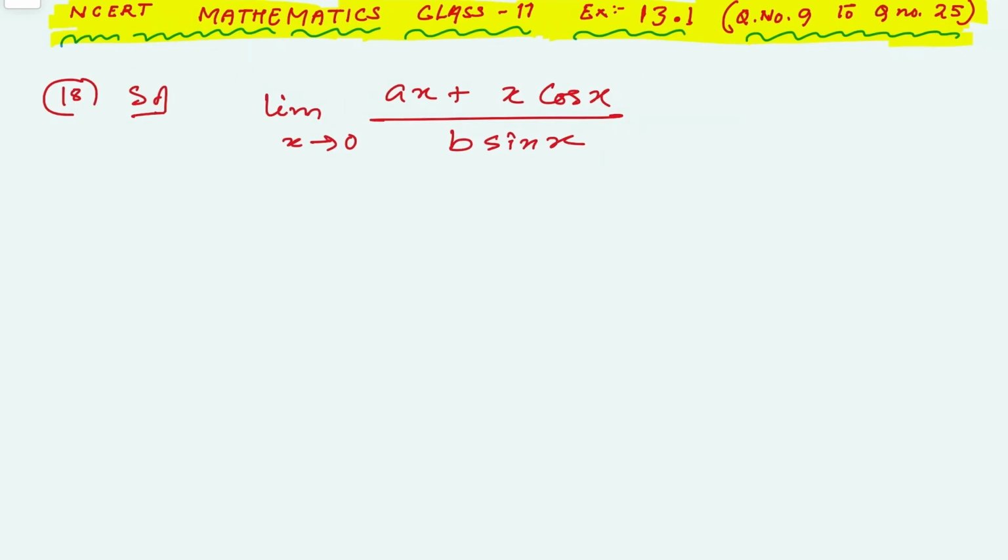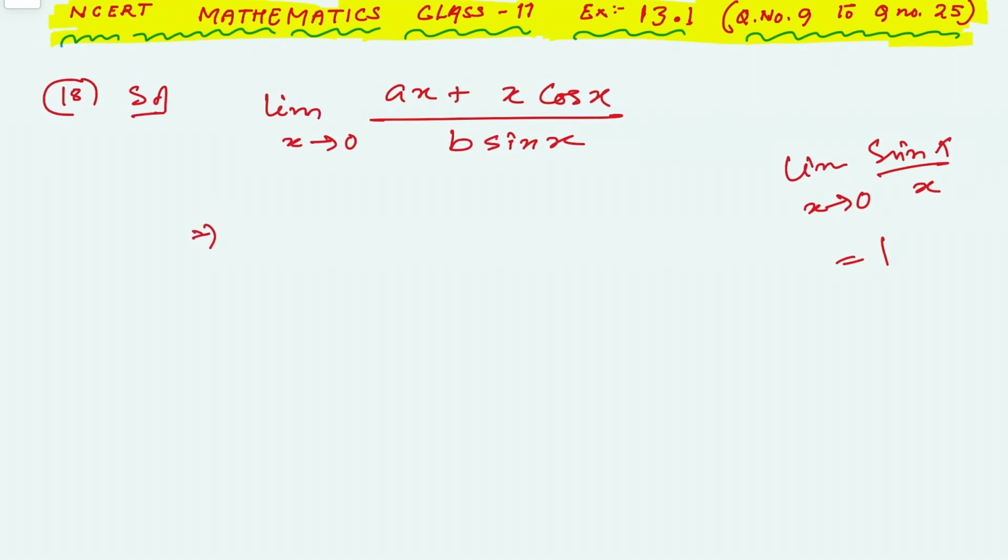Okay, so what to do? We can write this one as, here you see this is sin x. We know limit of sin x by x when x tends to 0, it is equal to 1. Okay, this is a standard limit. So that's why what we can do, let us multiply both the numerator and denominator by x. Okay, let us do that.